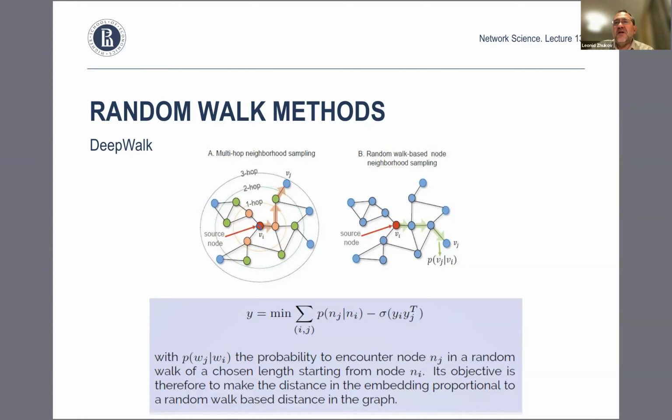We can explore neighborhoods with breadth-first search or depth-first search. But say we do a random walk: we create a sequence of vertices, V1, V2, V3, V4, V5. This is the sequence of vertices that we walk through during the random walk.